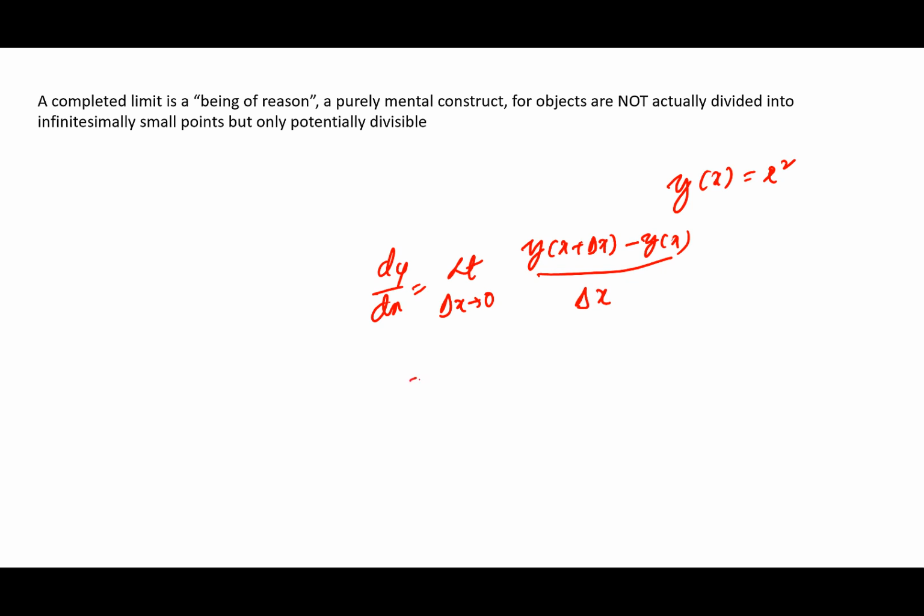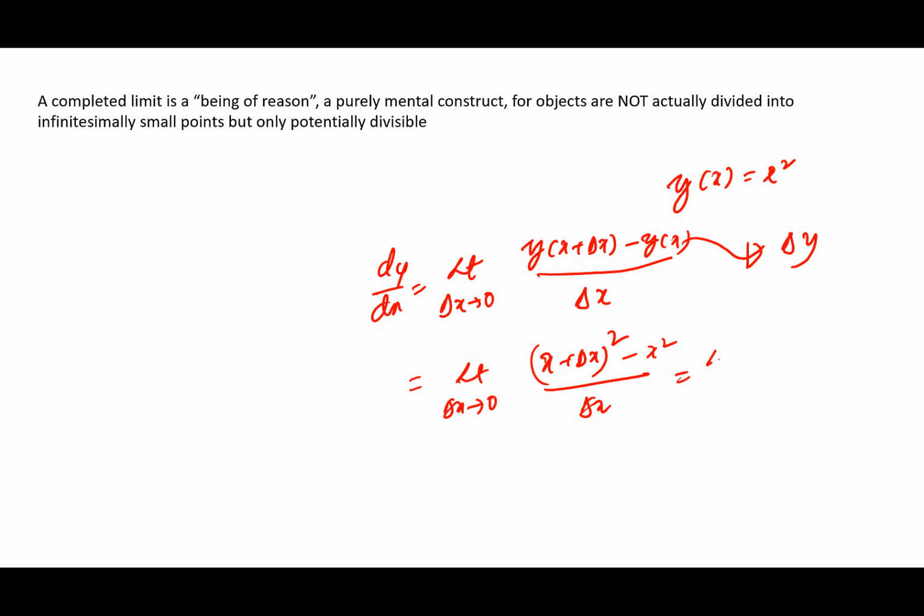So y of x plus delta x minus y of x is what we are saying is delta y, right? So that is x plus delta x whole squared minus x squared by delta x in the limit delta x goes to 0.